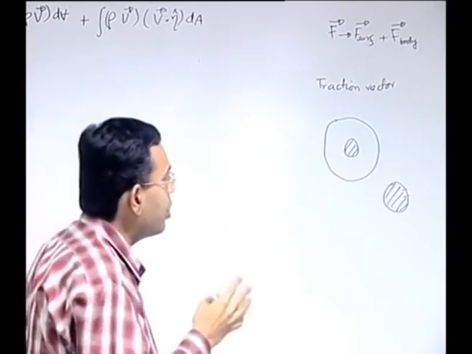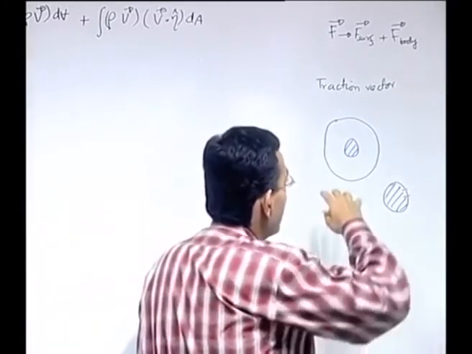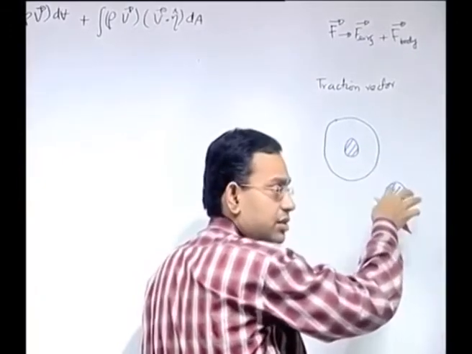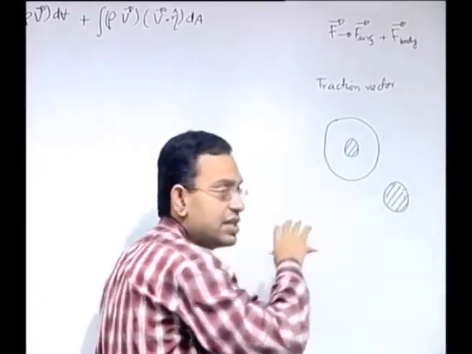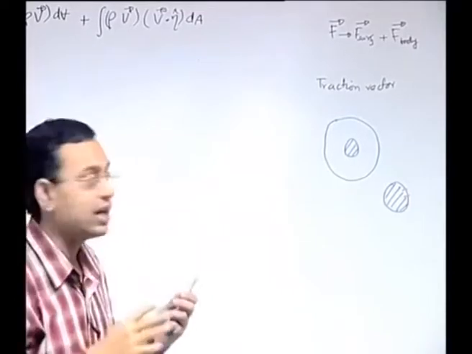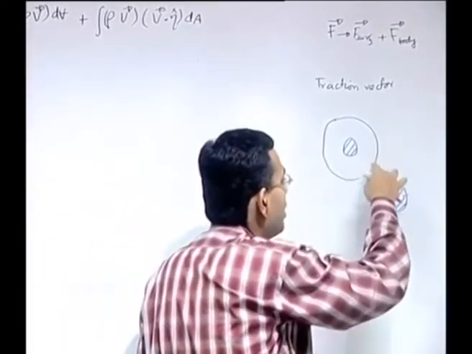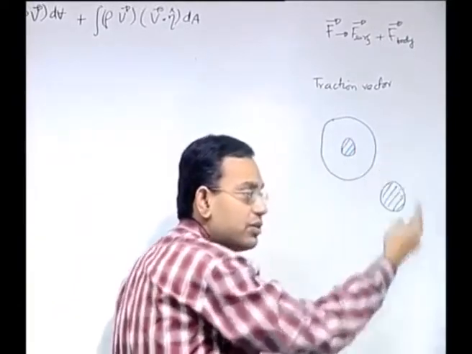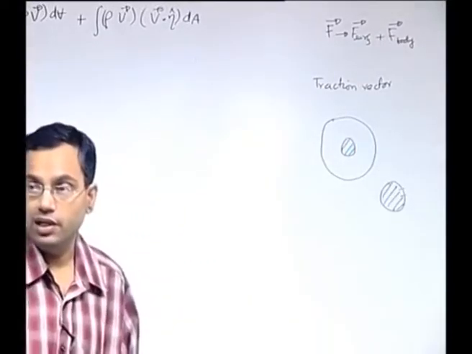there must be some force which is exerted by the other part of the material on this chunk. This is just like Newton's third law type of interaction: the other part of the material will exert some force on the chunk and the chunk will exert an equal and opposite force on the other part of the material.